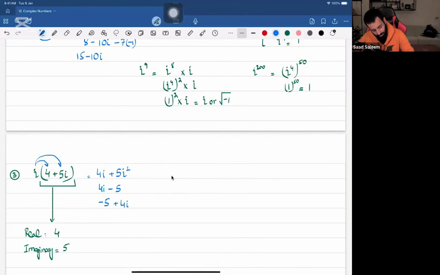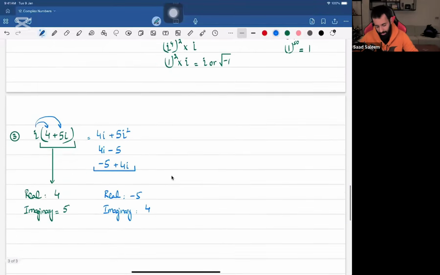Then if you look at this number after multiplying it by i, notice what has happened. The real part has become minus 5 and the imaginary component has become positive 4. So they have inverted, exactly.